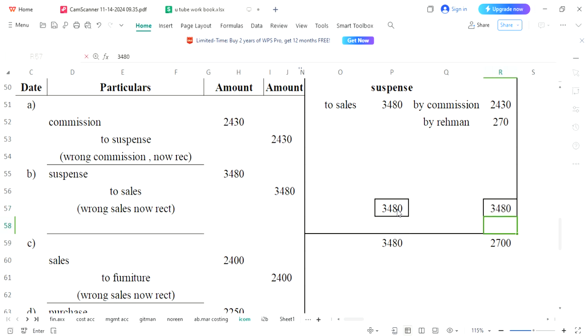Larger amount has been written on total of both sides. Now see which side is the smaller side here, and you will calculate balance over here by balance. And how you will calculate the balance? Subtract smaller amount from the larger amount. Larger amount is 3480. Subtract smaller amount, which is 2700.